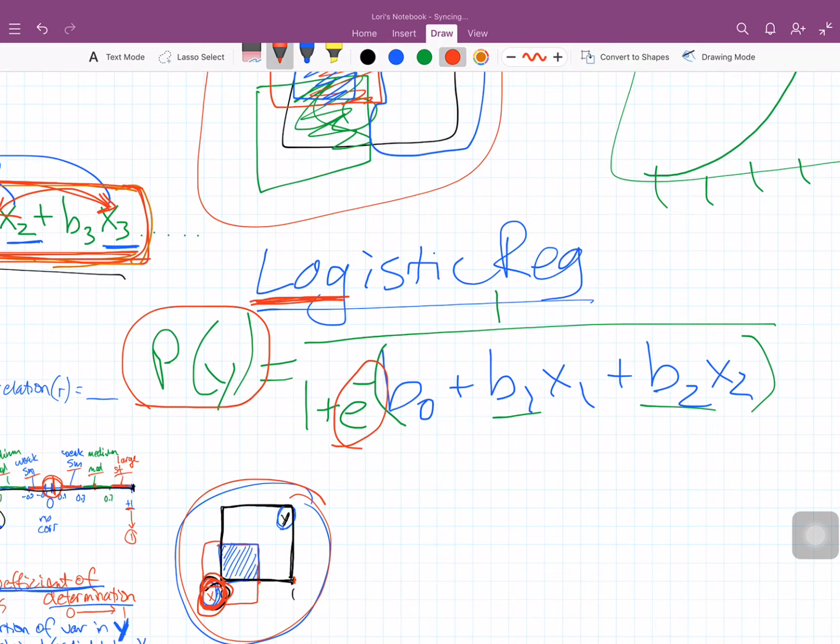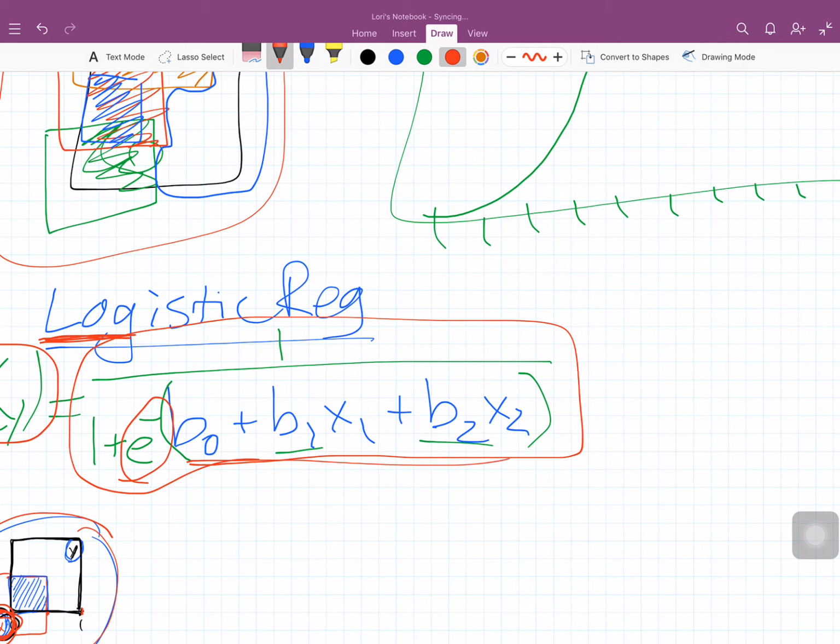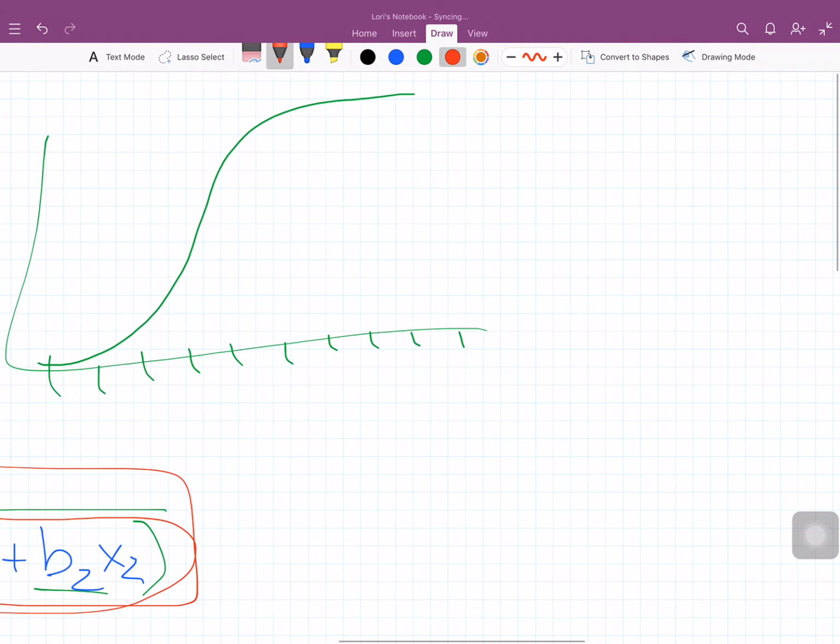That's not a continuous variable like what is your life expectancy in years. So we do this fancy transformation. You don't need to know exactly how that works, but just know that we've log transformed it. So now we can use this equation, this wonderful thing that's linear, for a probability.